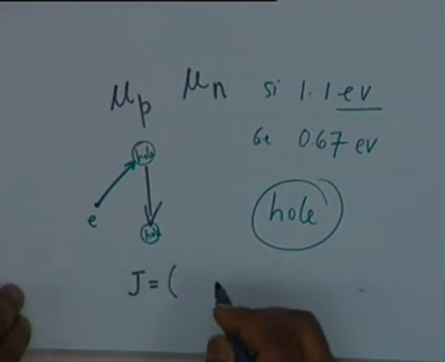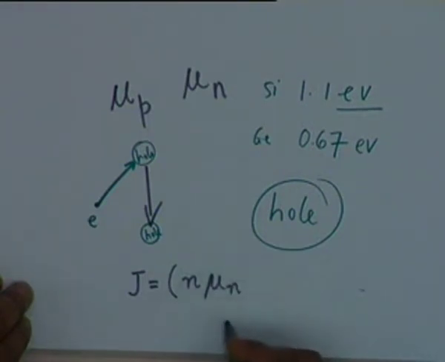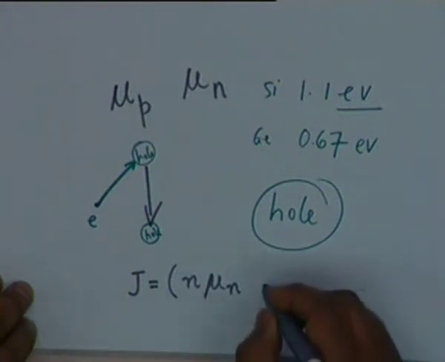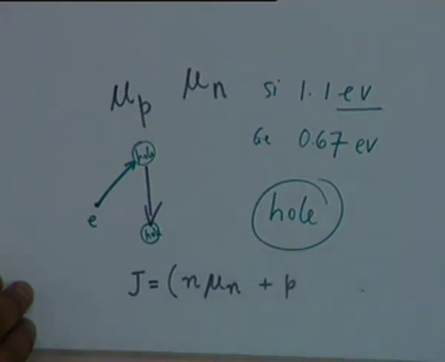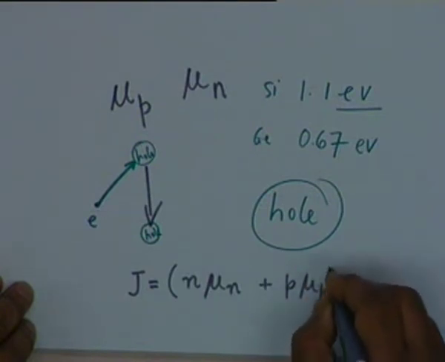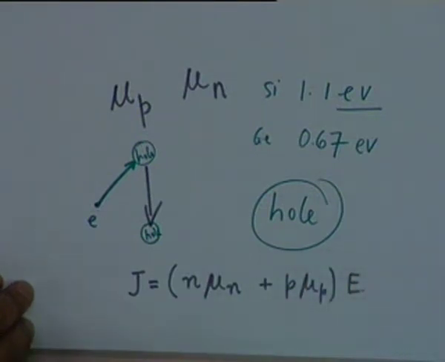So current density is N times mu N, this is due to the electrons, times the electric field, plus P times mu P, where P is the concentration of holes or the number of holes per unit volume, and both are multiplied by E. And therefore the conductivity in a semiconductor shall consist of two terms. One is due to the electrons and one is due to the holes.